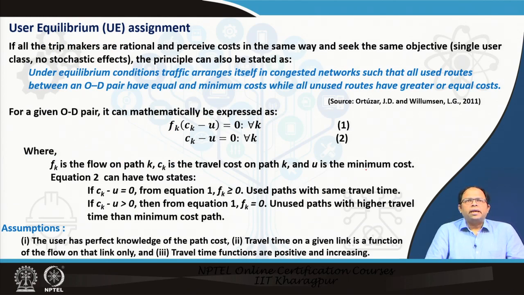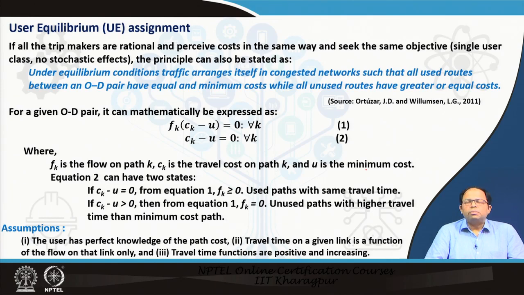So, we can also say that if all trip makers are rational and perceive cost in the same way and seek the same objective, that is the shortest path, and we are considering a single user class, that means everybody has the same perceptions and preferences about cost or time, and about which variables they will consider when they choose a particular route, or there is no stochastic effect, that means there is no variability among the population, everybody wants the same thing.